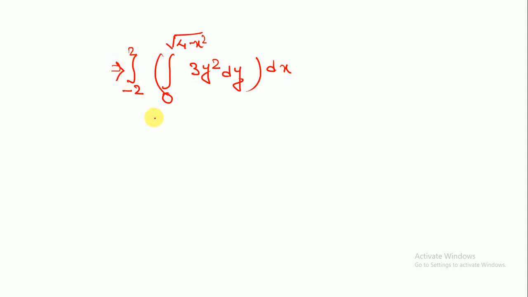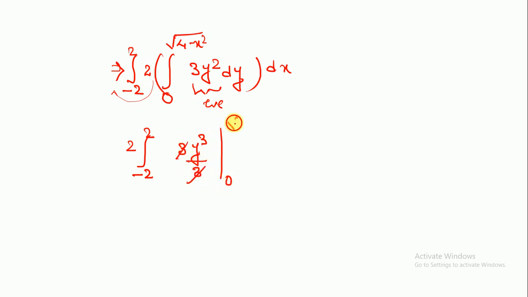Now as this is an even function, since we have used the property, you can multiply it with 2. Now on integrating 3y square, I'm taking the 2 outside, so the integral of 3y square is 3y cube by 3, so you can cancel out the 3 factor, with the limit 0 to root under 4 minus x square dx.